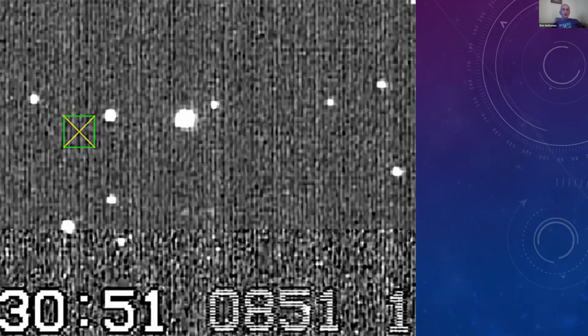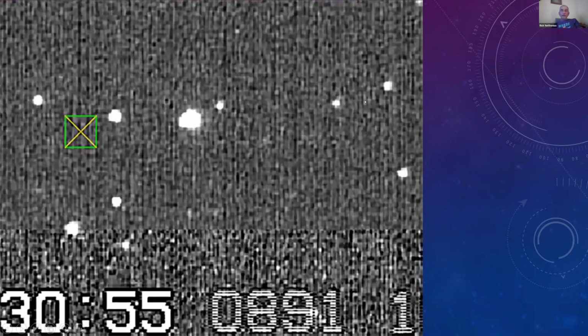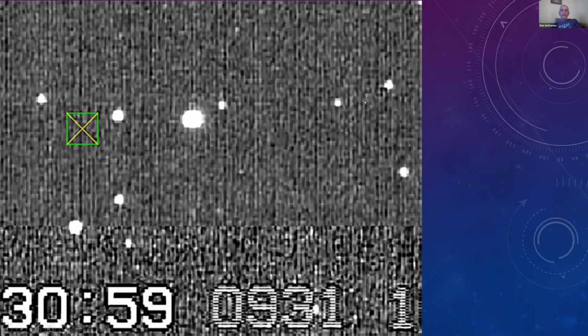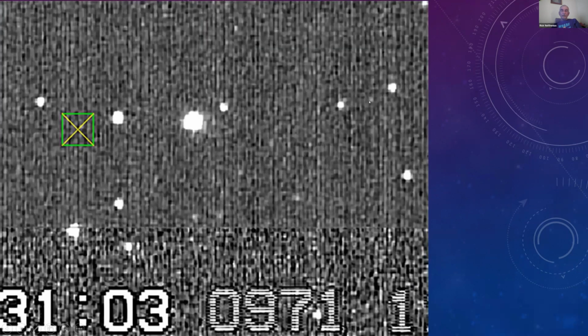Okay, so we're just going to go 2 seconds at a time, and you can still see the target here, barely. Still there, barely, maybe. A little blur there. I think that's it. Still there. A little better there.